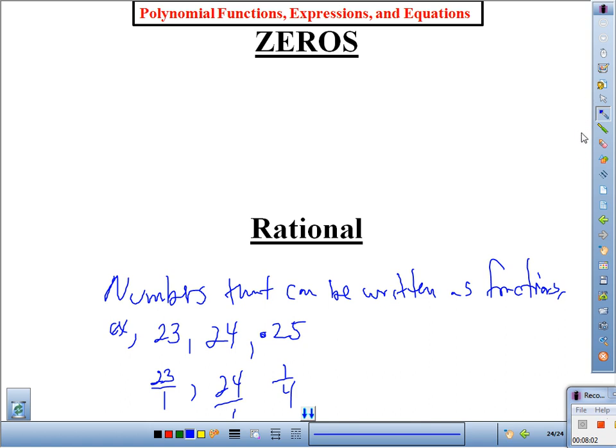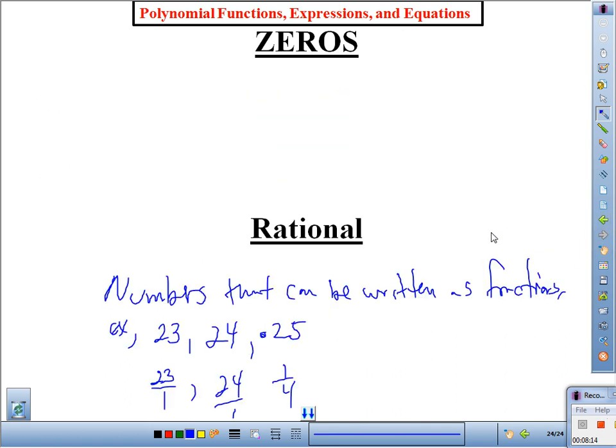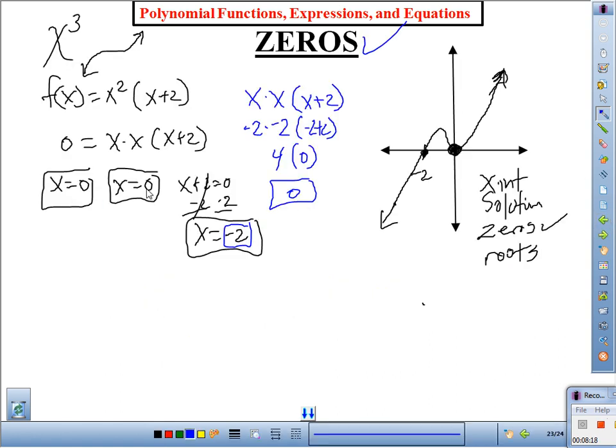Monse, what were you saying? Substitutions here for the zeros could be written as fractions. That is correct. That's what we're going to be looking at today. So these, instead of writing them like these, they could be also what? Fractions.